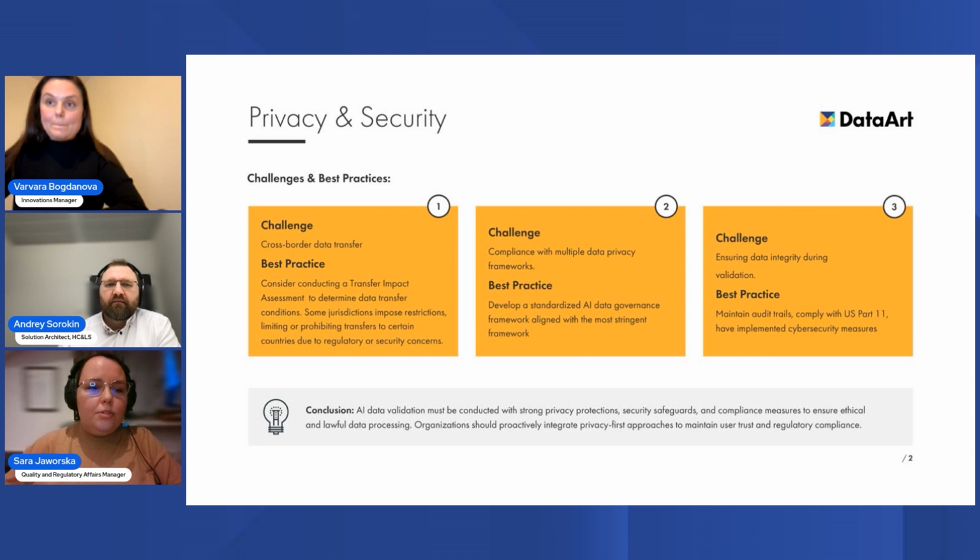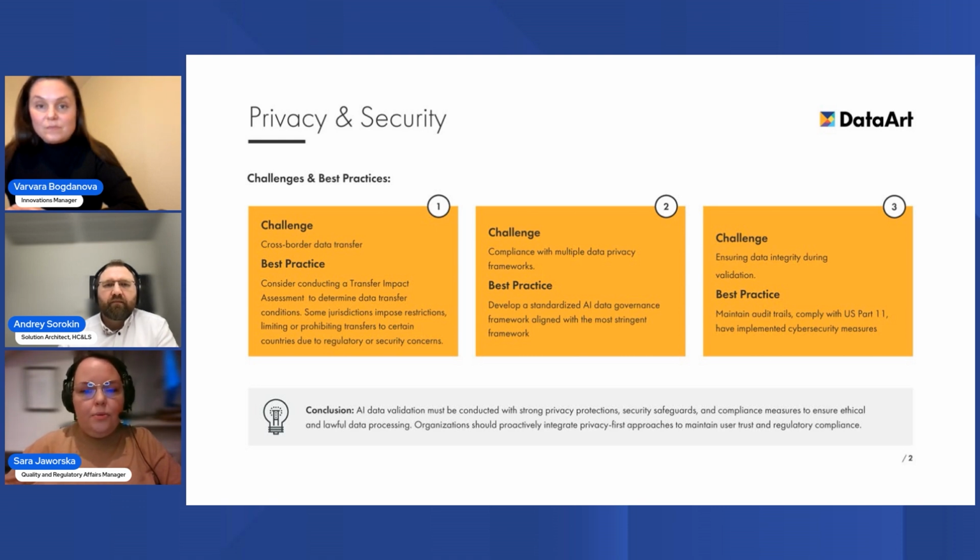The best approach, in my opinion, is to plan from the start where this AI model would be used and base data governance on the strictest requirements. It will help in keeping compliance across multiple regions without needing double policies for each region.